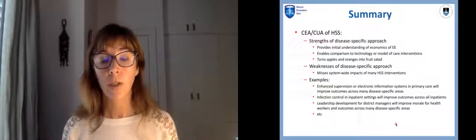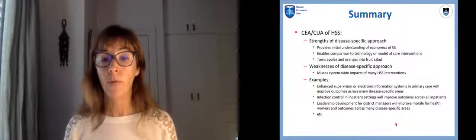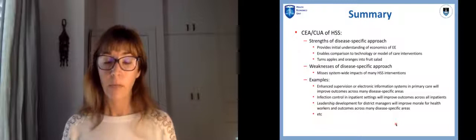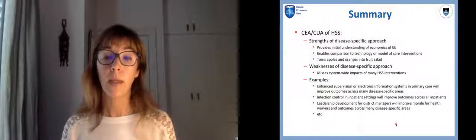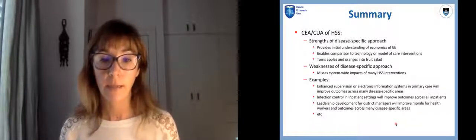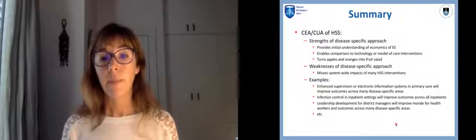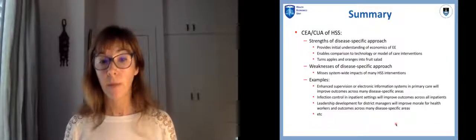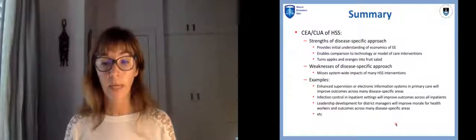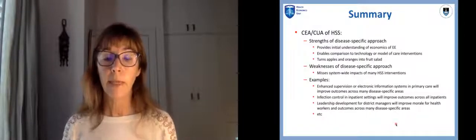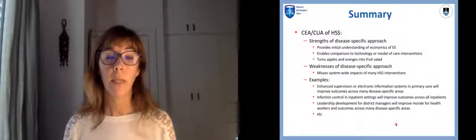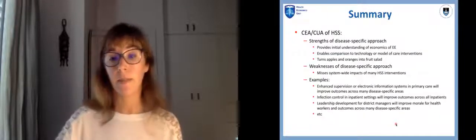Similarly, infection control in inpatient settings will improve outcomes across all inpatients. However, the guidance that we're giving is to consider it within a particular tracer. And leadership development for district managers will improve morale for health workers and outcomes across many disease-specific areas. But again, you can get some initial understanding of the economics of health system strengthening by choosing a disease-specific tracer.